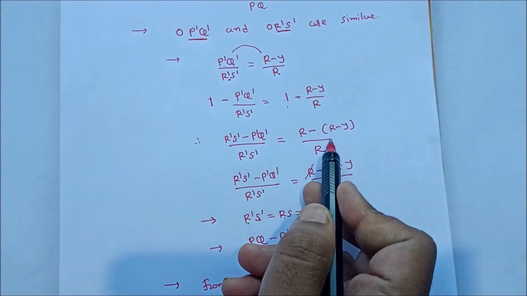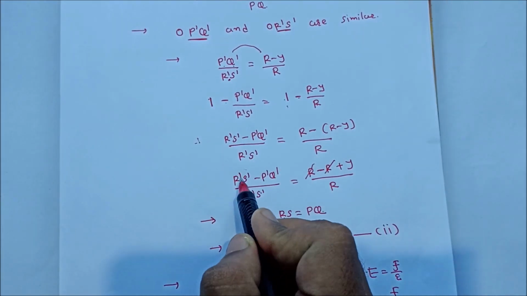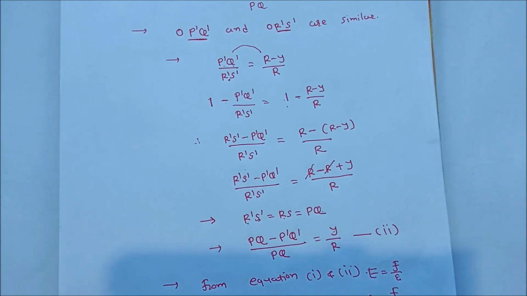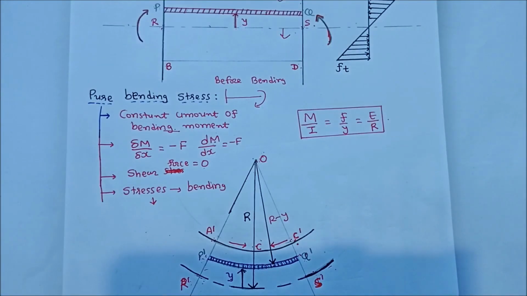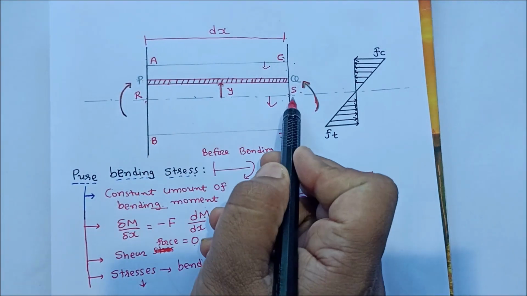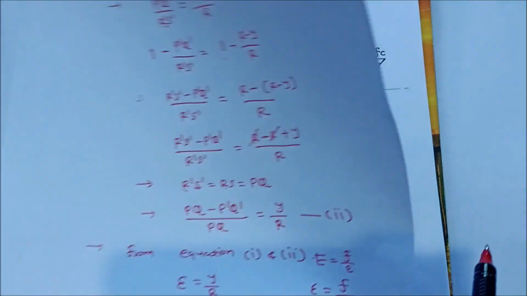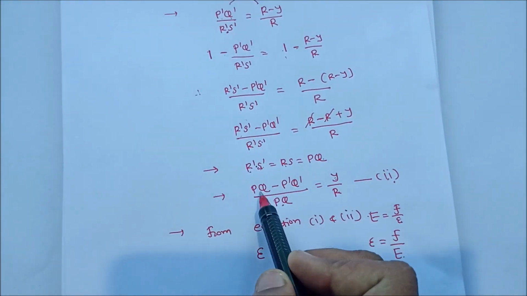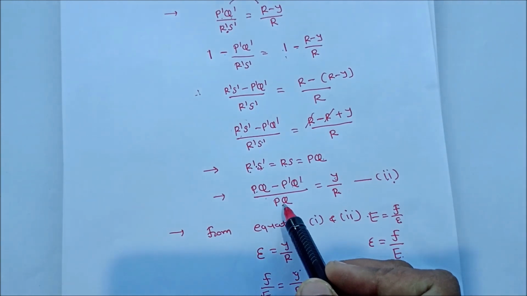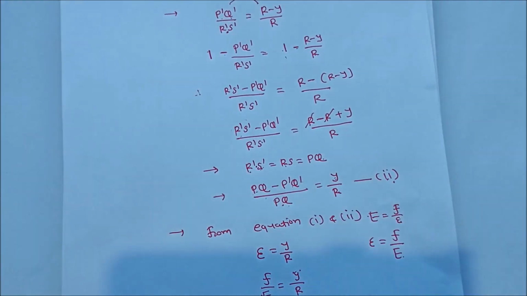Then we take LCM, and here R dash S dash is the neutral axis, so there is no change in the neutral axis. So R dash S dash is equal to RS, and from the figure RS is equal to PQ. So instead of R dash S dash we can write PQ. So PQ minus P dash Q dash divided by PQ is equal to Y by R.